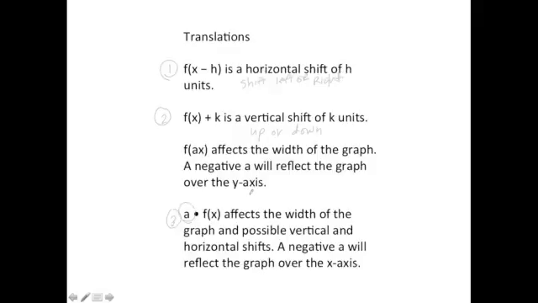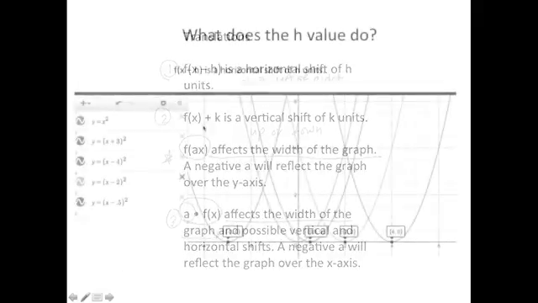Whatever the sign of A is, whether it is positive or negative, that will tell us something about the graph, as well as the size or the value of A. Now, I don't want to downplay the importance of this type of translation right here, but if you will notice, this and this have a very similar effect: it affects the width of the graph.